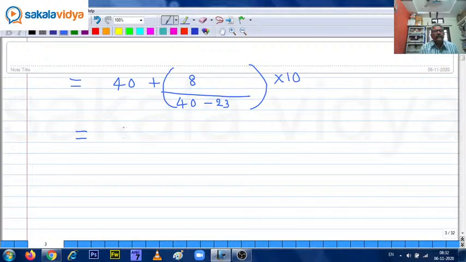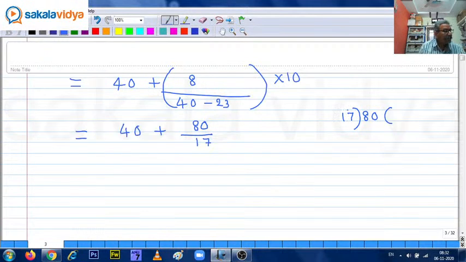So this equals 40 plus 8 upon 40 minus 23, which is 17, into 10, that is 80 upon 17.